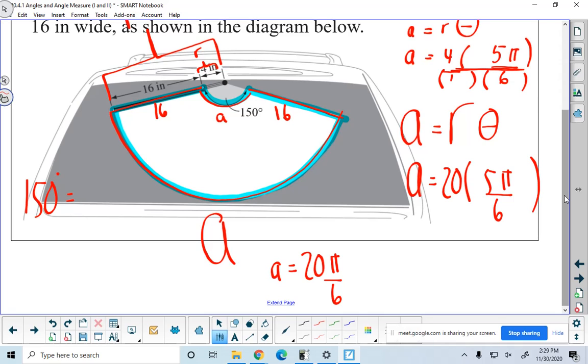When I calculate the large arc length, I get 100 pi over 6. Just double check my math. That's fine. So now what I need to do is add those two arc lengths.